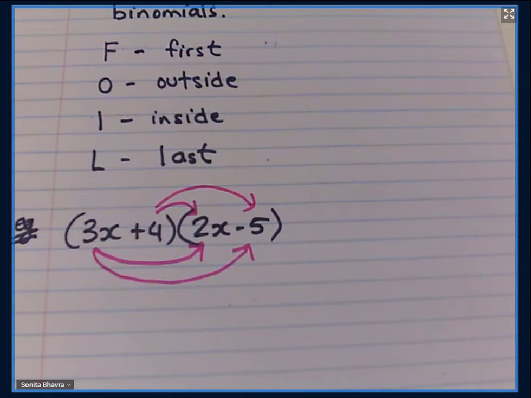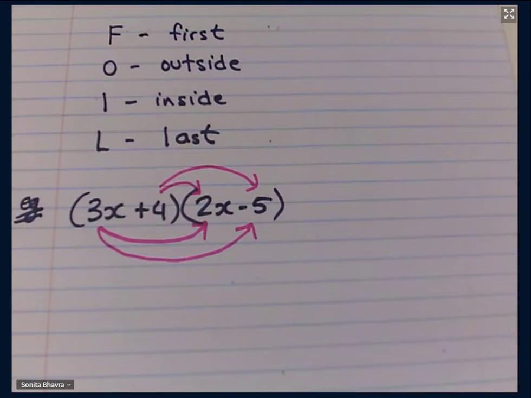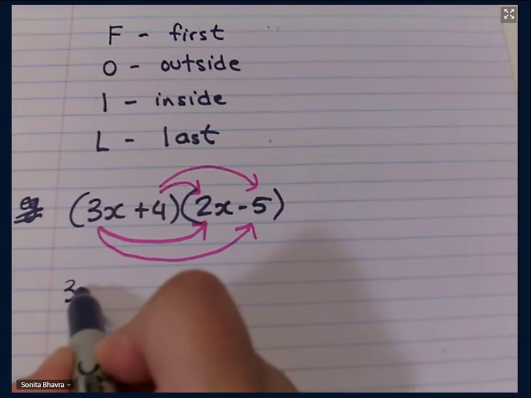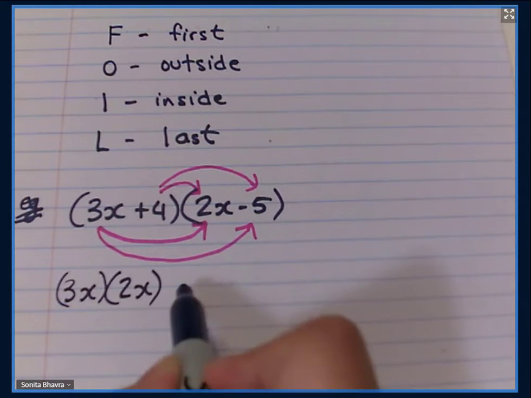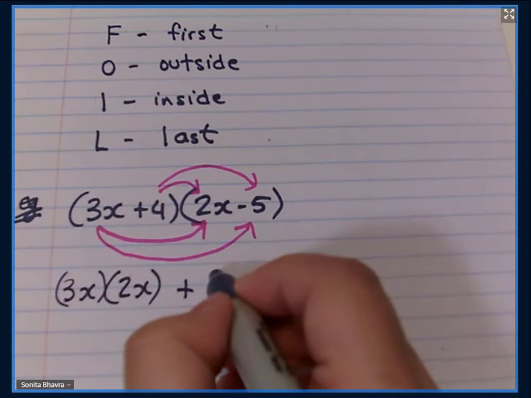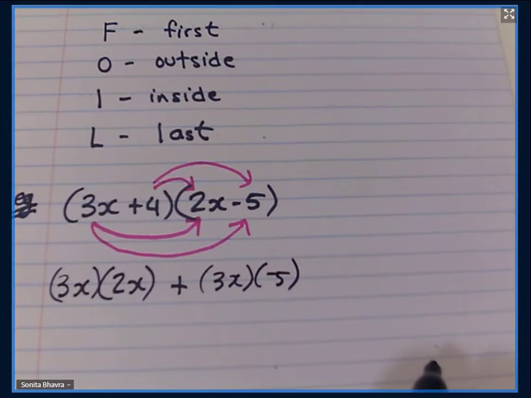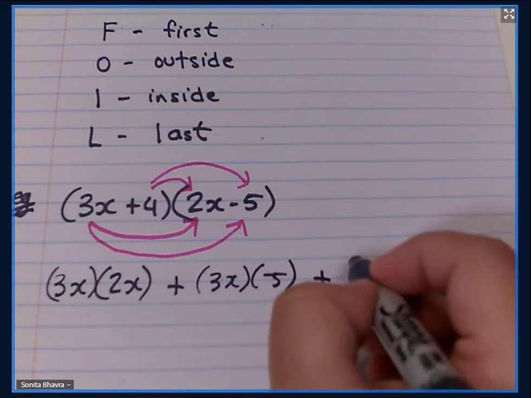All right. So if I were to show this now as each term, how it was being multiplied together. So my first would be 3x times 2x being multiplied together. Then it was the 3x being multiplied by the negative 5. And then it was 4 times 2x.